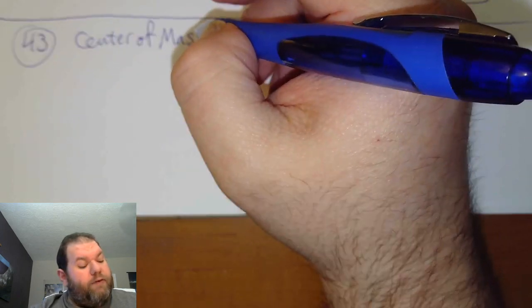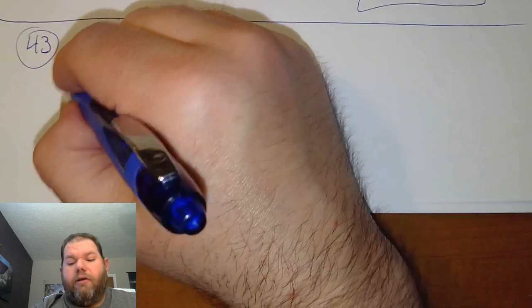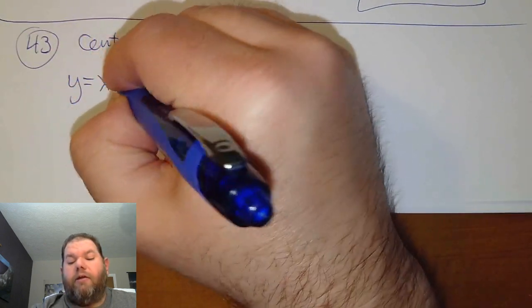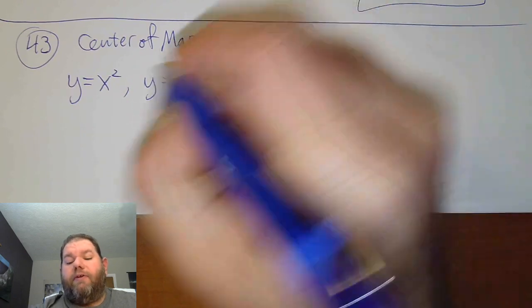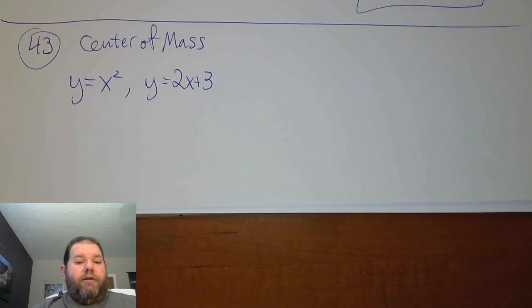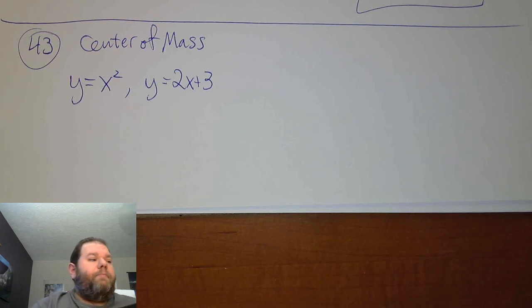The problem they give is y equals x squared and y equals 2x plus 3. So these two curves will completely enclose an area, and we want to find the center of mass of that area.